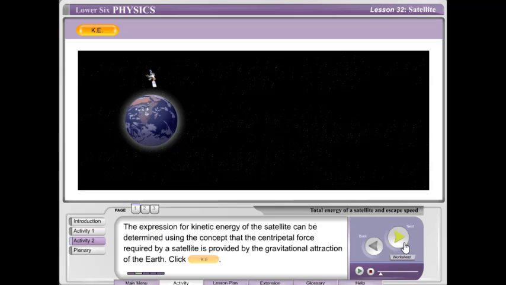The expression for kinetic energy of the satellite can be determined using the concept that the centripetal force required by a satellite is provided by the gravitational attraction of the Earth. Click KE.